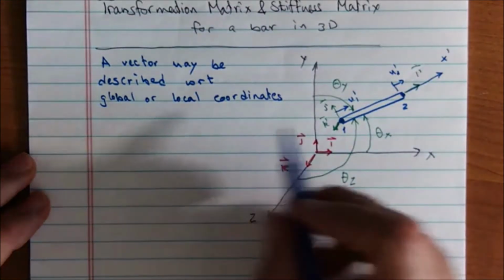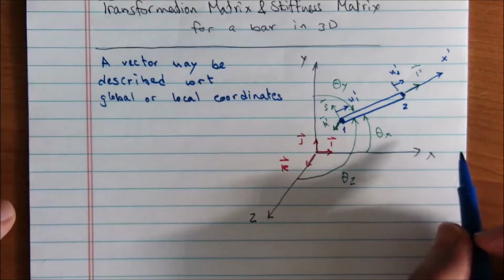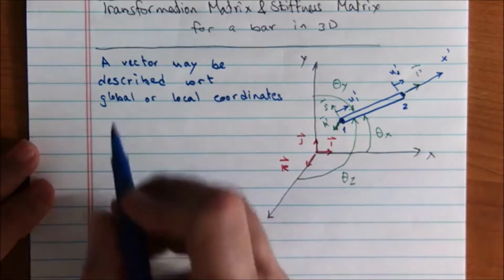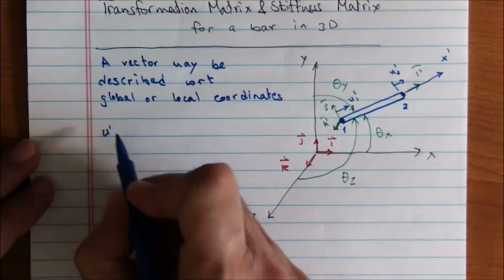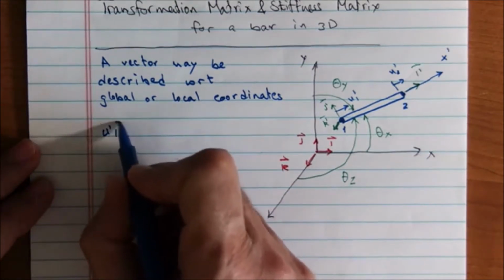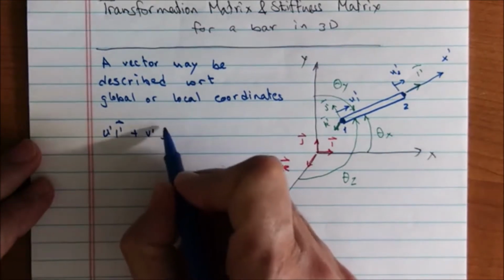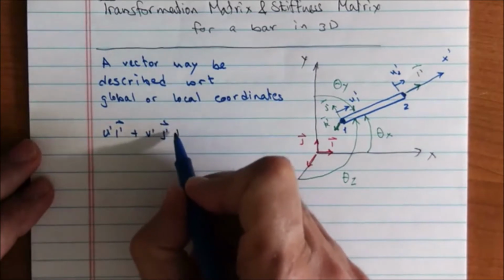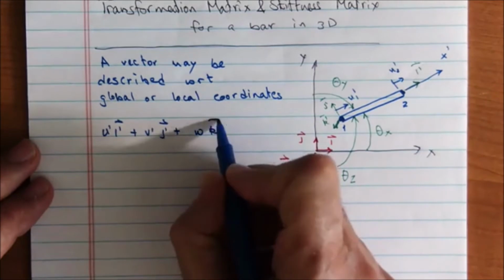So if I want to describe a vector in the local coordinates, I may describe it as U prime I prime, plus V prime J prime, plus W prime K prime.